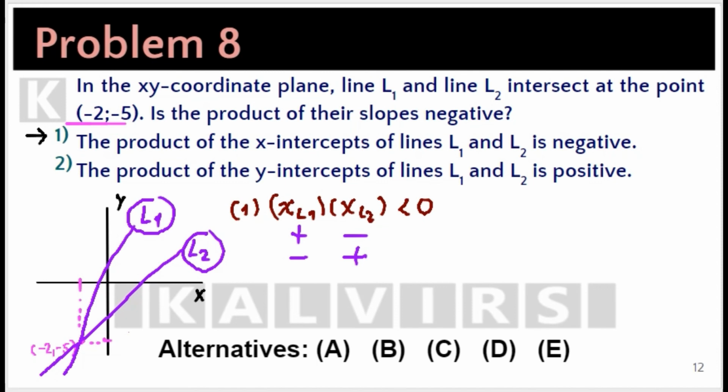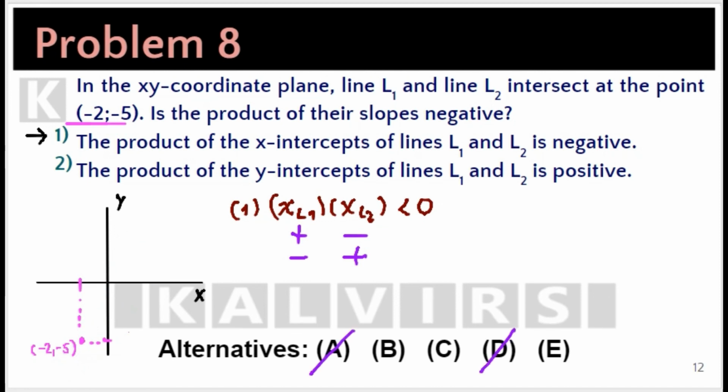Now, since we have two different cases, statement 1 alone is not sufficient to answer the question. Choices A and D are discarded. Now, from statement 2 alone, the product of the y-intercepts of lines 1 and 2 is positive.